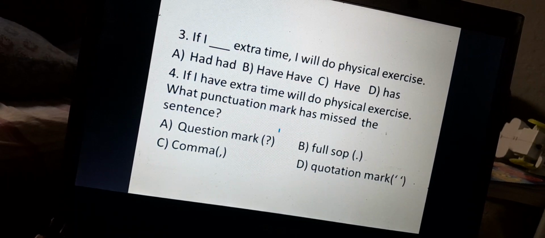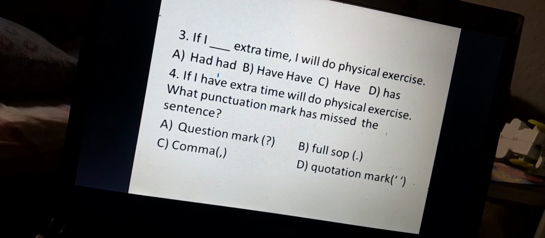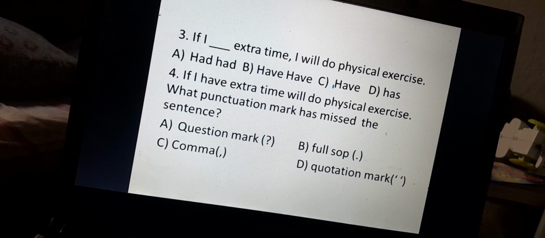And question number 3: If I blank extra time, comma, I will do physical exercise, full stop. Option A, had; option B, have; option C, have; and option D, has.